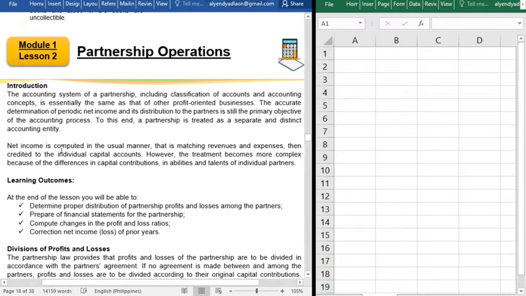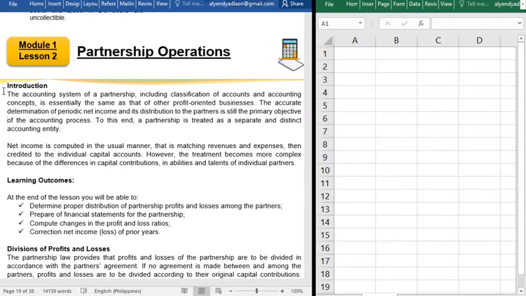Now to start, the accounting system of a partnership, including classification of accounts and accounting concepts, is essentially the same as that of other profit-oriented businesses. The accurate determination of periodic net income and its distribution to the partners is still the primary objective of the accounting process.